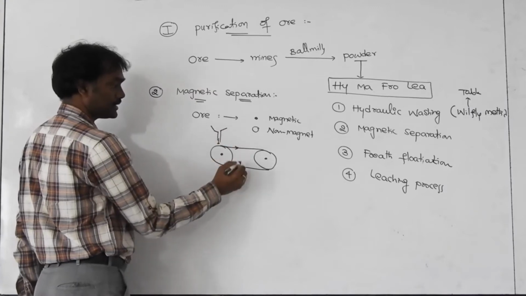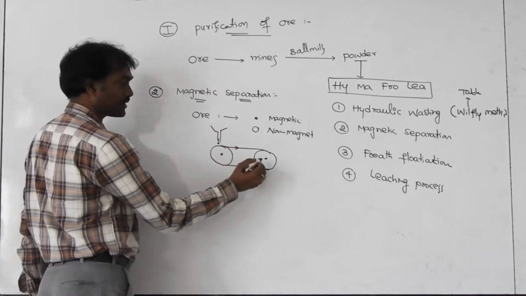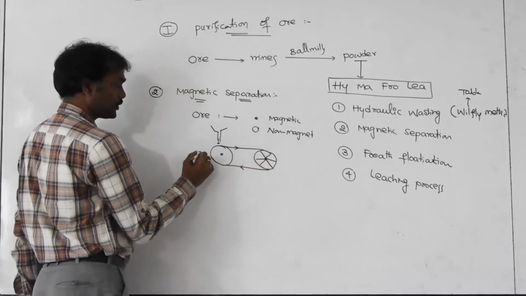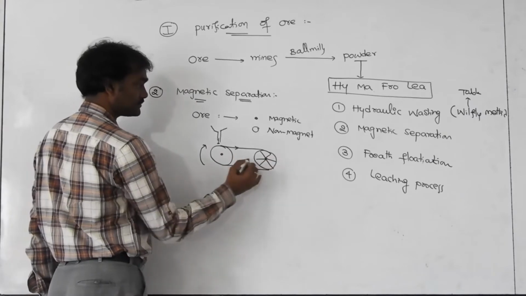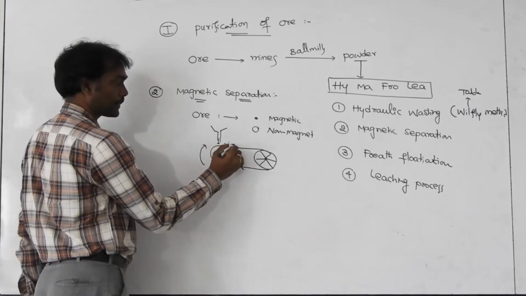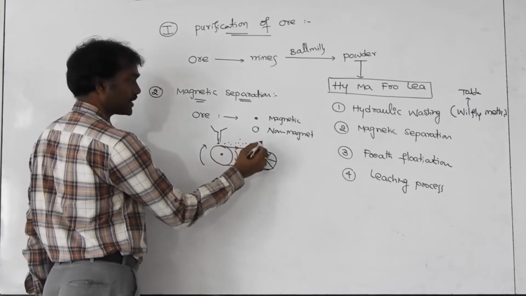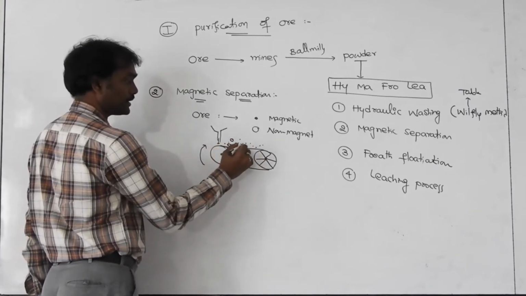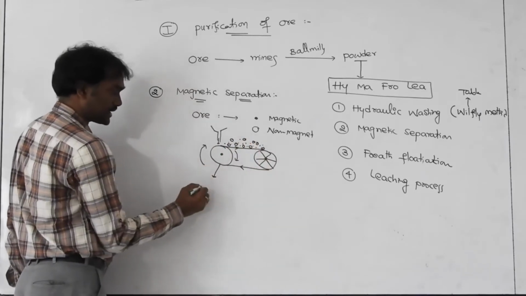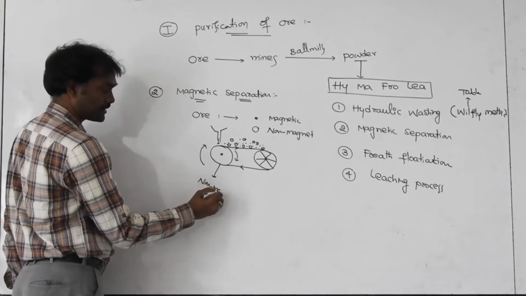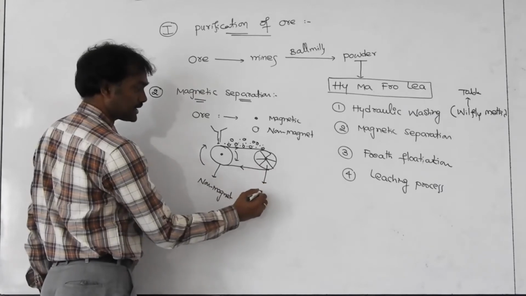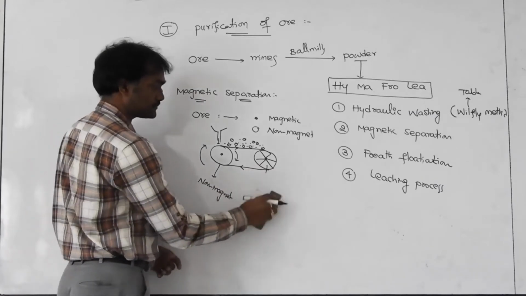The rolls are rotating like this, so the ore particles are moving on the magnetic belt. This wheel is non-magnet. Now, this wheel is connected with magnetic nature.